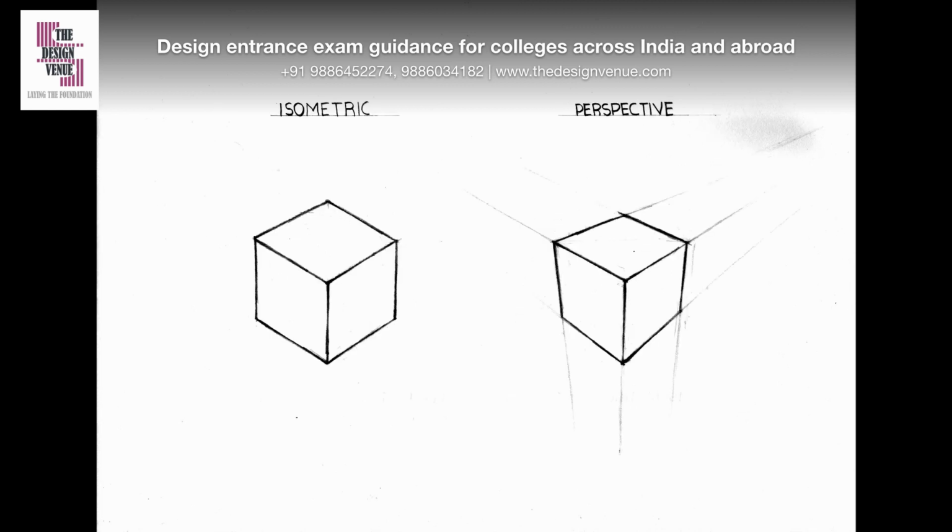So in this example, you have two cubes. The first one is an isometric view and the second one is in perspective view. Now doesn't it feel that with the second cube, the viewer, that is you, is much farther away? And if one of the cubes were to be made a dice, won't the one in isometric view look much more suitable for a dice than the perspective view?